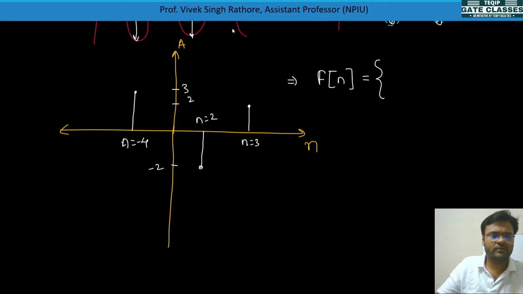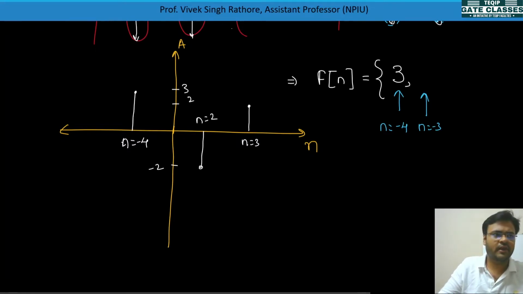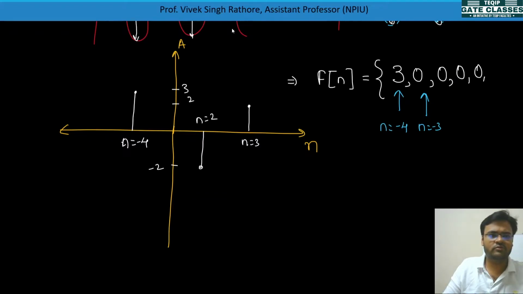First, at n is equal to -4, the value is 3, so we write 3. For n is equal to -3 some value should be there, so we write 0. For -2 also 0, for -1 also 0, for 0 also 0, for 1 also 0, for 2 the value is -2, and for 3 the value is +2, and you can close it.